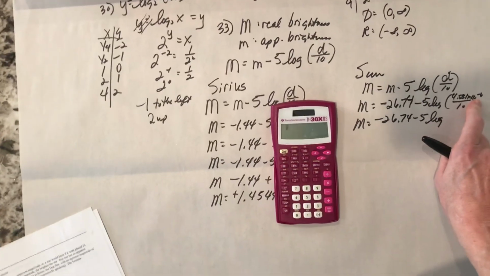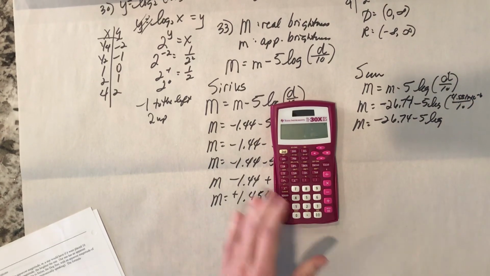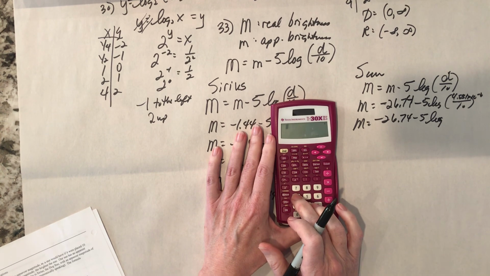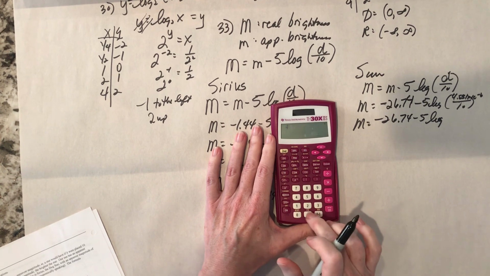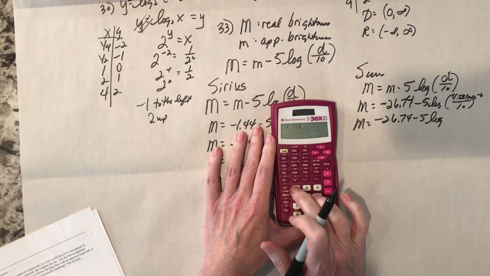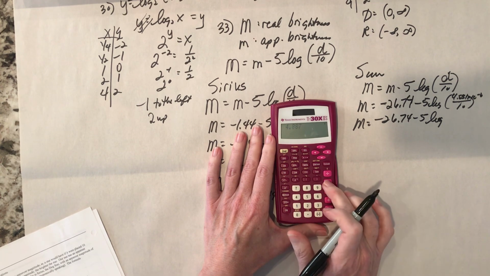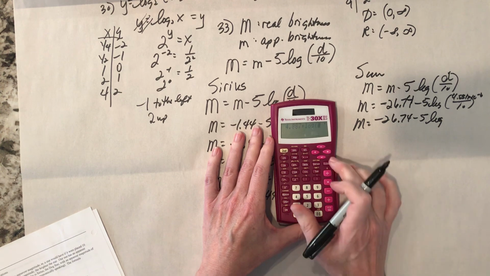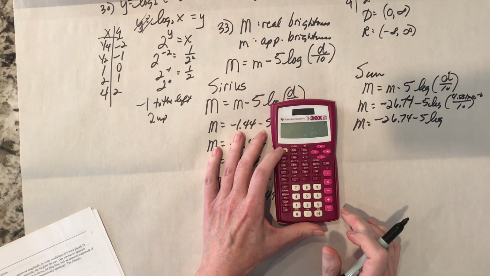Can you see that out there? Yeah, okay. So 4.887 times, and you can use 10 to the, oops, I used log instead. I forgot I had to do second.